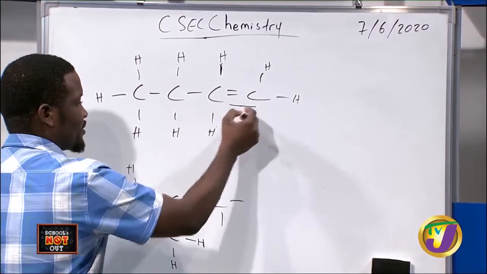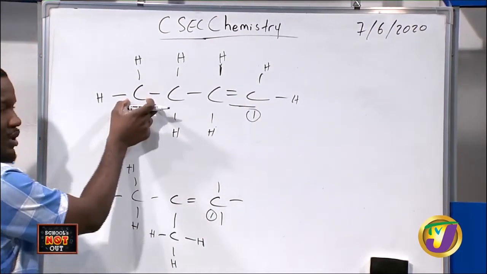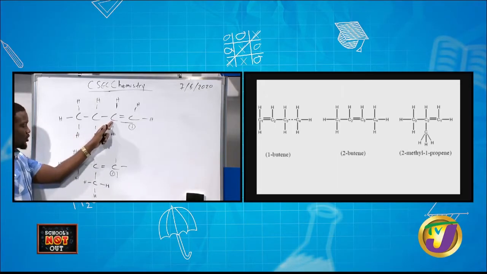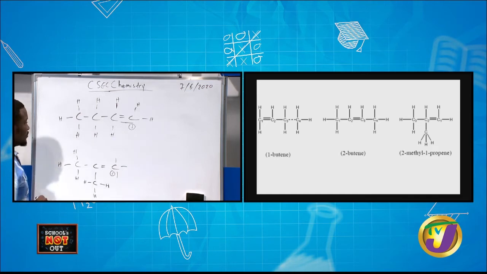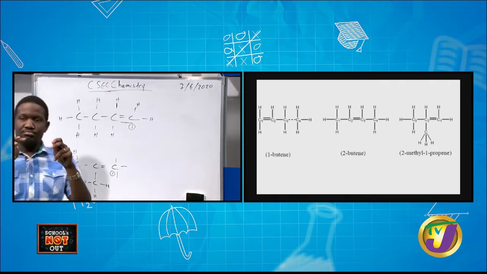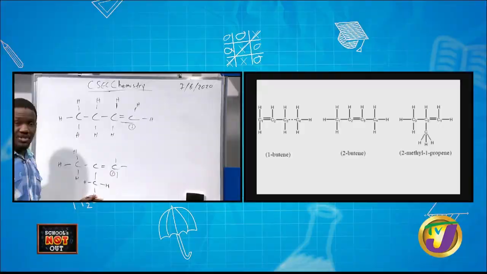See there? It's still on carbon 1. What I've done instead is move one of the carbons to carbon 2. So now you have a branch. All right? So again, alkanes form isomers through branching. Alkenes form isomers through branching as well as moving the functional group.